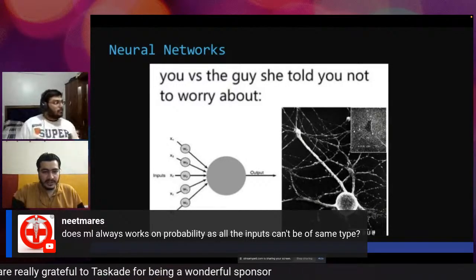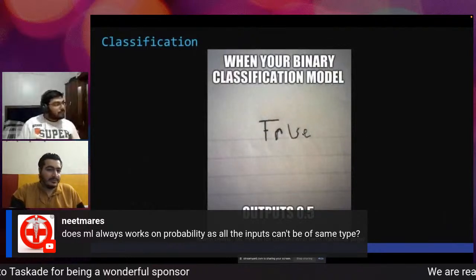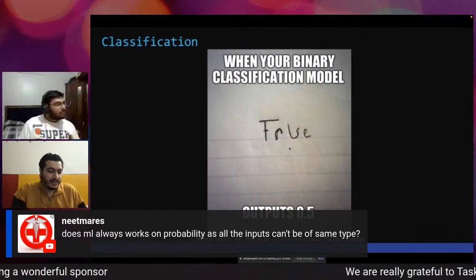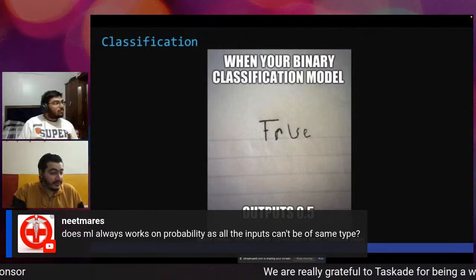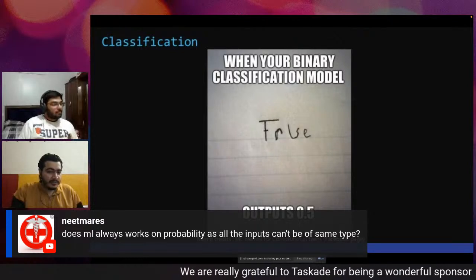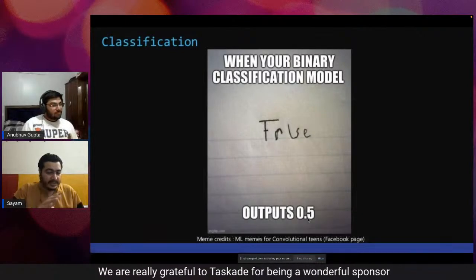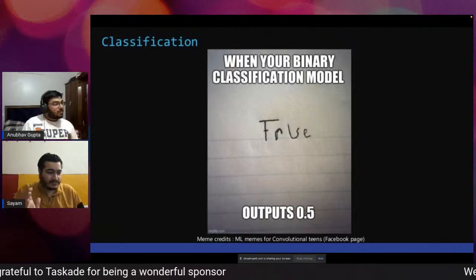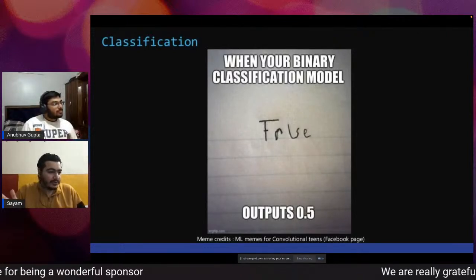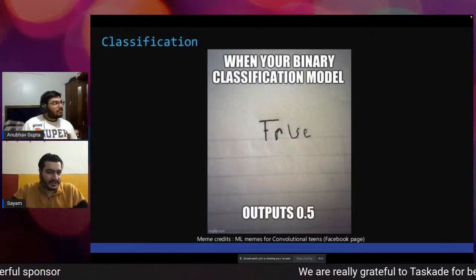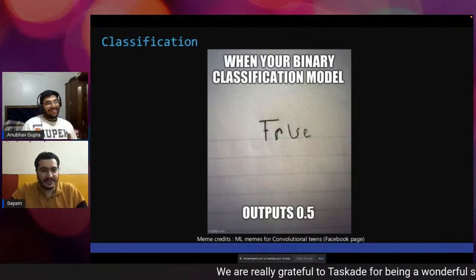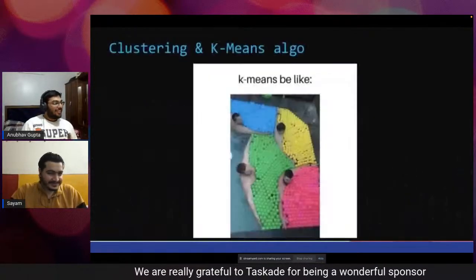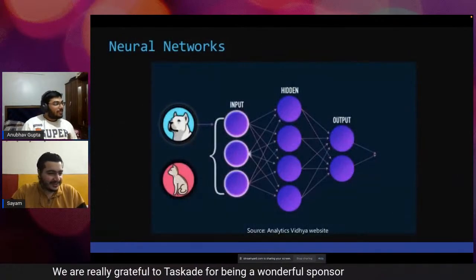For example, if the input data is garbage, instead of outputting a very healthy number like 0.5, which would mean the probability of true or false, your machine learning model would raise an exception, like: what exactly are you trying to ask me to do? That's a very interesting question.